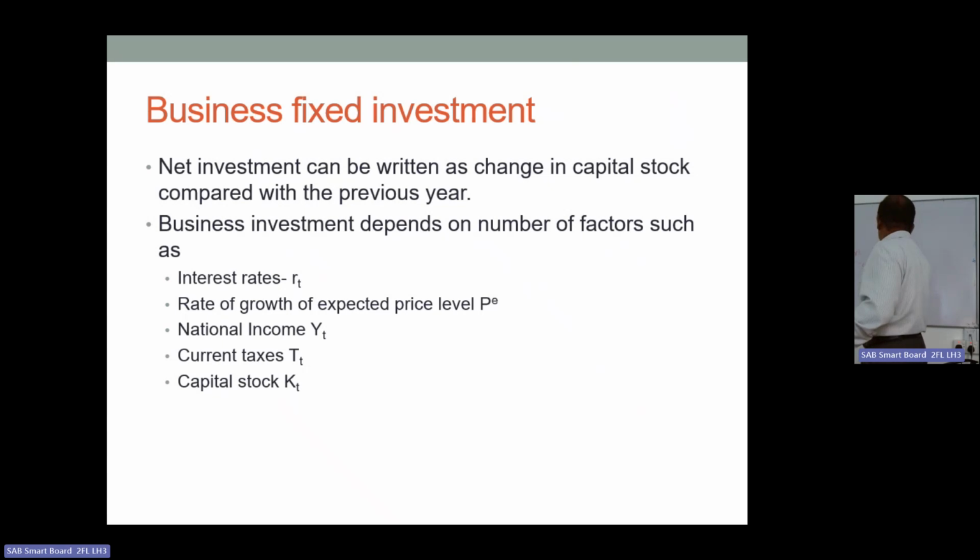If there is low sensitivity, I1 is low. If there is high sensitivity, a small change in the interest rate significantly changes the investment. That means highly interest elastic. If it is inelastic, there is low sensitivity.